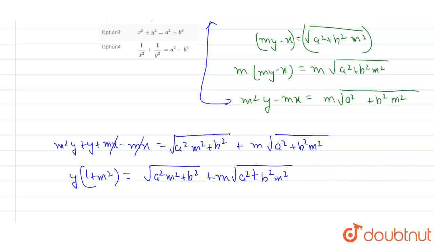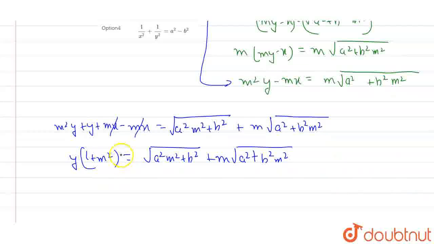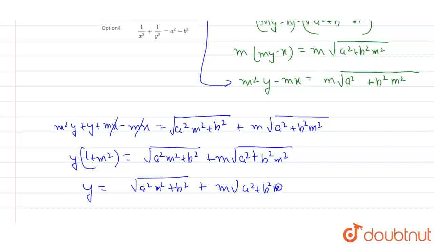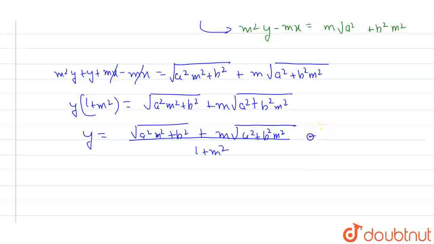Now I'll take 1 plus m square to the right hand side. So our y will come out as under root of a square m square plus b square plus m under root of a square plus b square m square, and the denominator is 1 plus m square here, right? So I have this value of y as equation number 1.